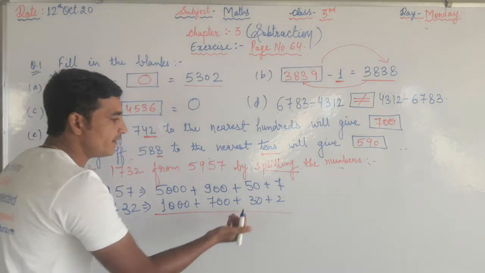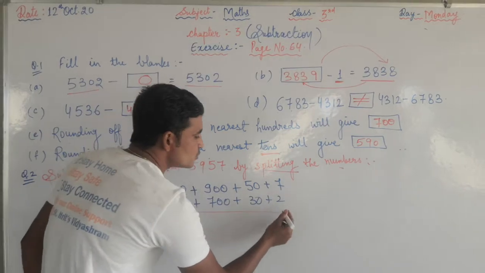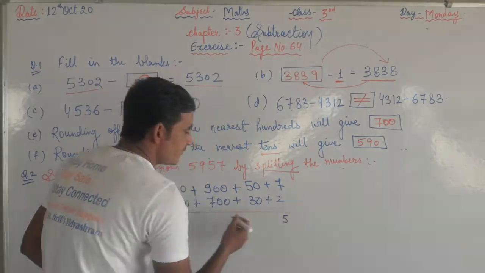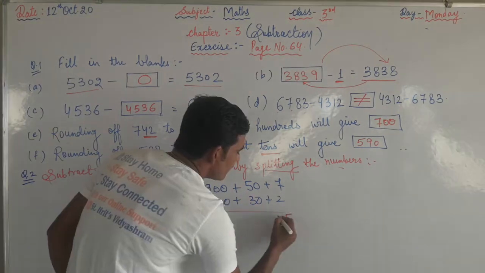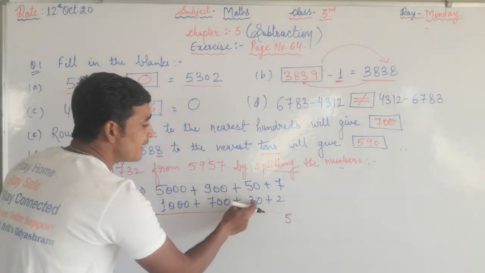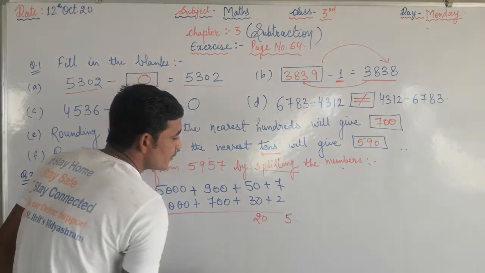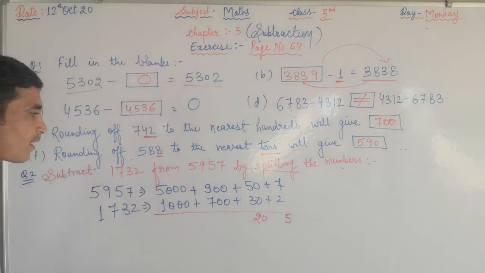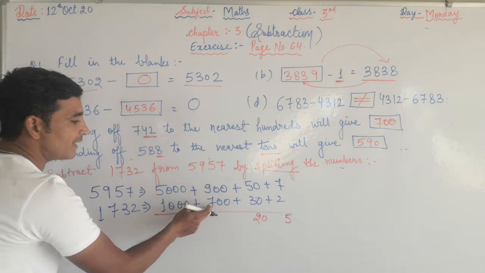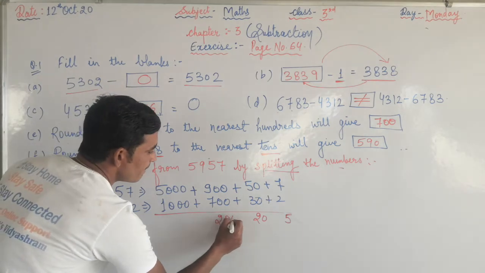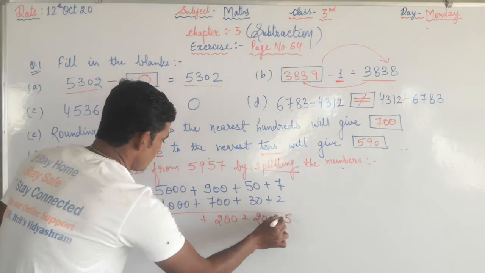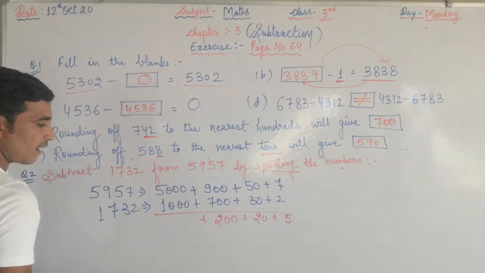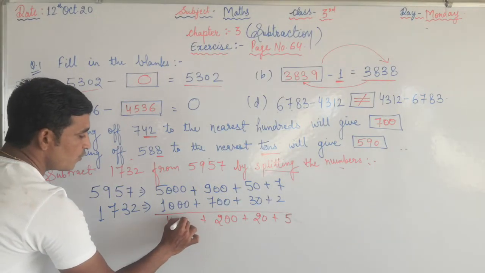Now here you have to do 7 minus 2, here it is 5. Now 50 minus 30, here it is 20. 900 minus 700, here it is 200. And 5000 minus 1000, here it is 4000.